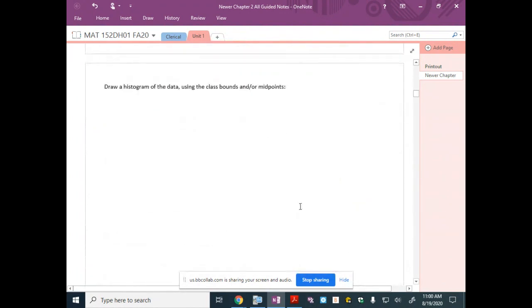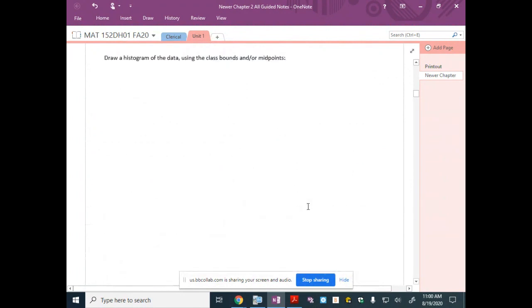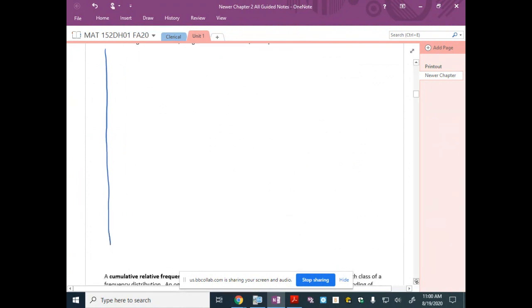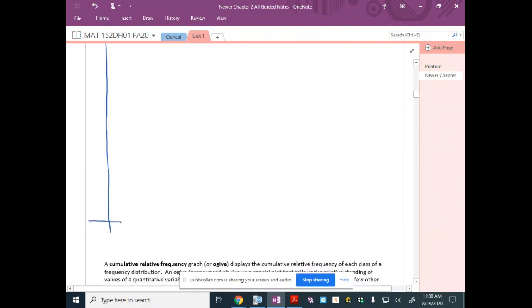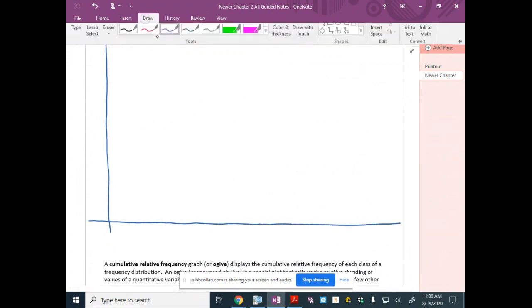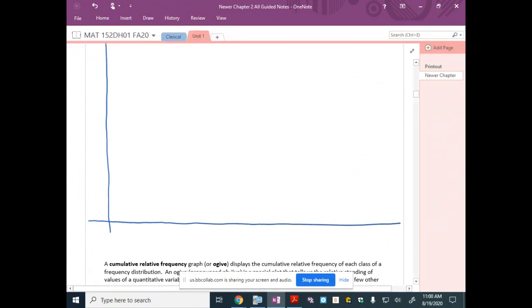So we're going to make a histogram of this data using the class bounds and or midpoints. I'm going to do them both. I prefer to use class bounds. And even though the specific instructions are not until later in the notes, I'm going to show you how this can be done on the graphing calculator.